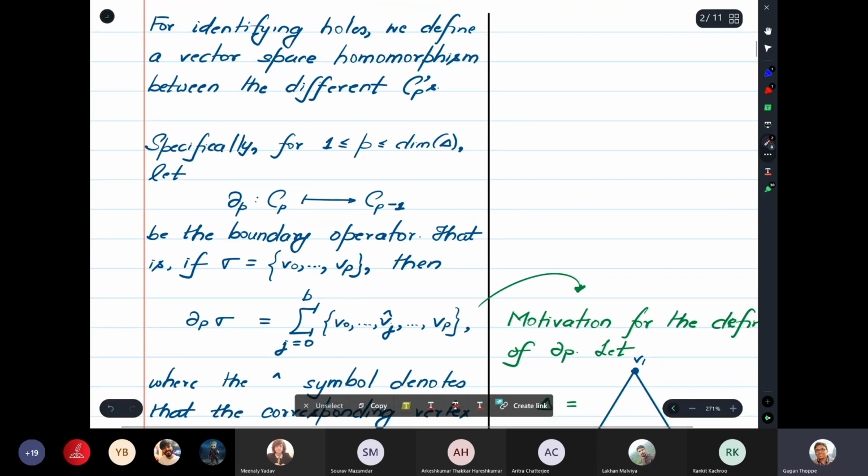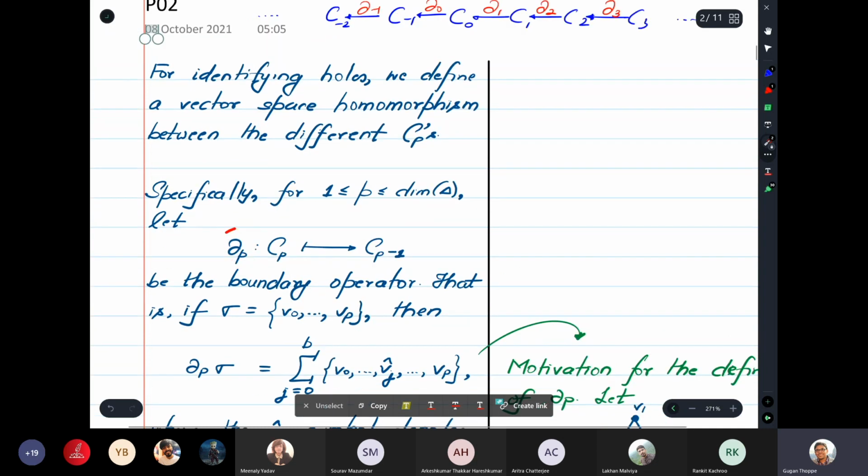So let's be a bit more specific. We will first define this homomorphism for p which takes values between 1 and dimension of delta.